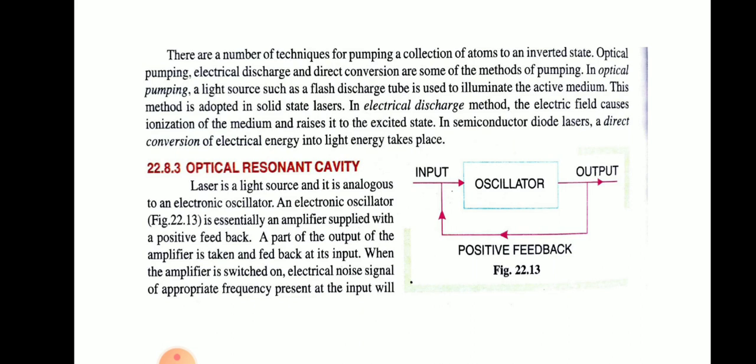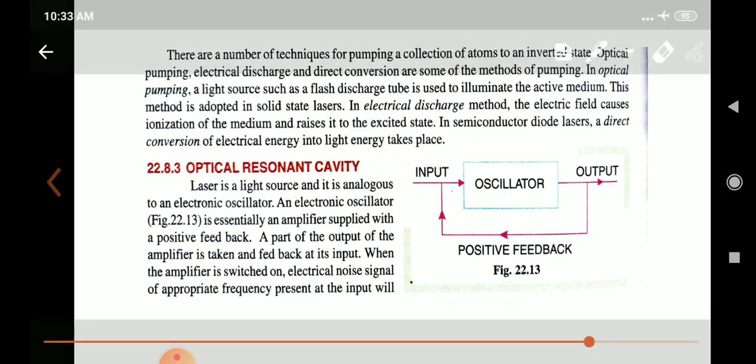This method is adopted in solid state lasers. In the electric discharge method, the electric field causes ionization of the medium and raises it to the excited state. In a semiconductor diode laser, a direct conversion of electrical energy into light energy takes place.